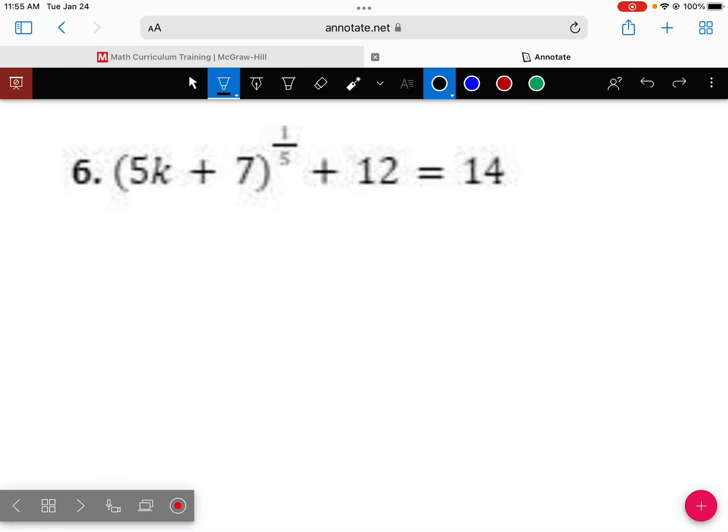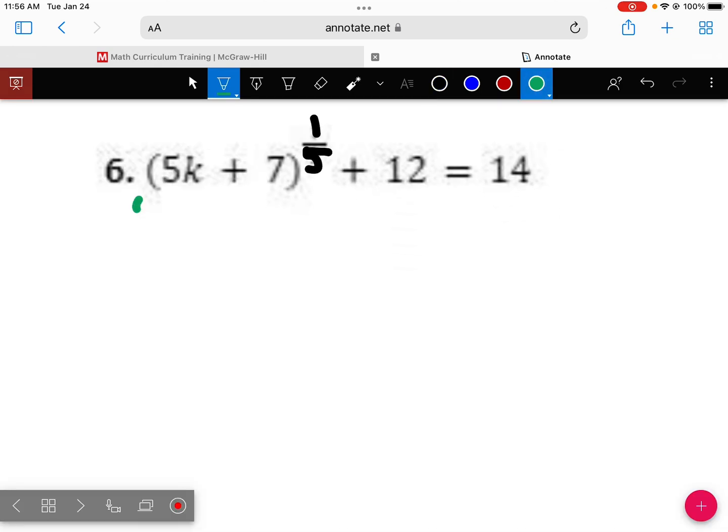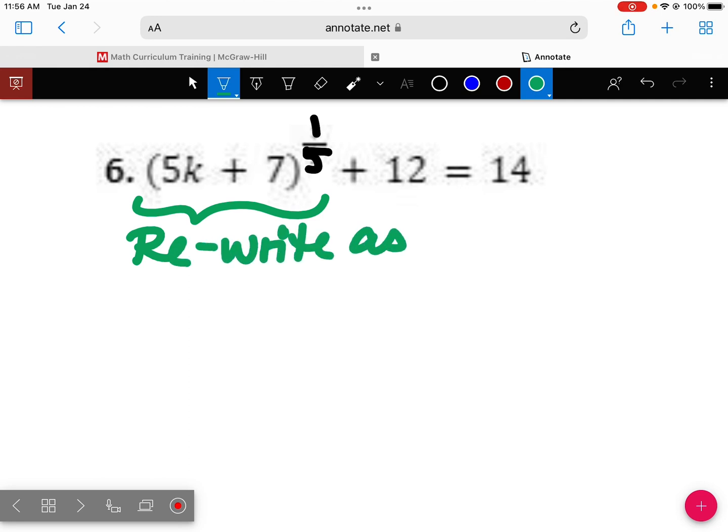All right, one more that I want to look at. We are going to rewrite this as a radical. What is that little fraction exponent? It's really hard to read. 1 over 5. So 1 over 5, we're going to rewrite this as a radical.